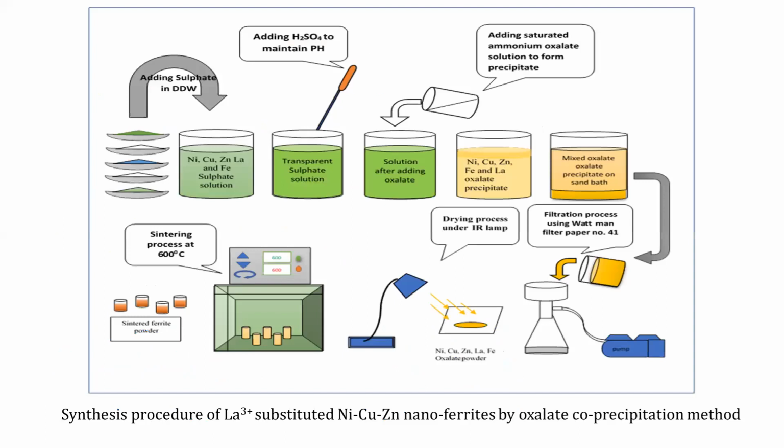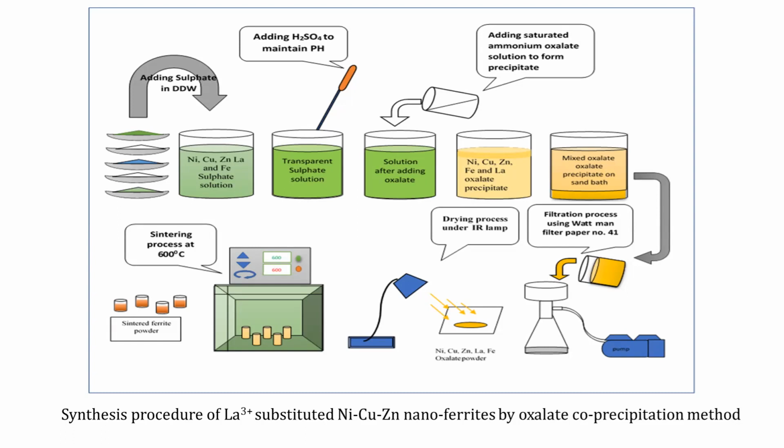Now, this is the synthesis procedure of the oxalate co-precipitation method. By taking nickel sulfate, zinc sulfate, cadmium sulfate, we dissolve these sulfates in double distilled water and complete the dissolution by adding concentrated H2SO4, maintaining the pH of the solution at about 4.5.